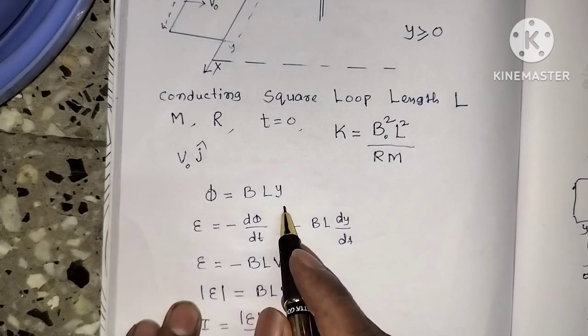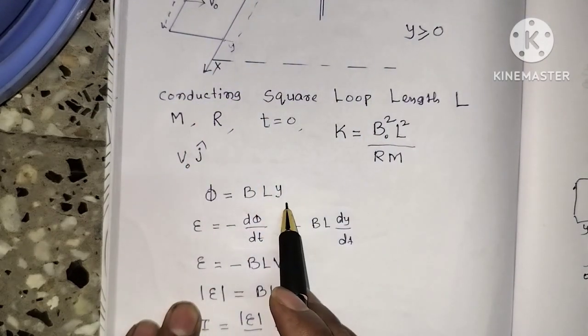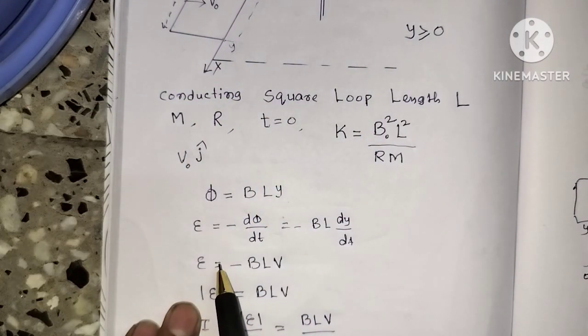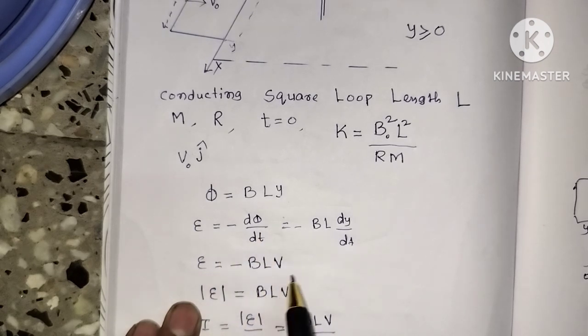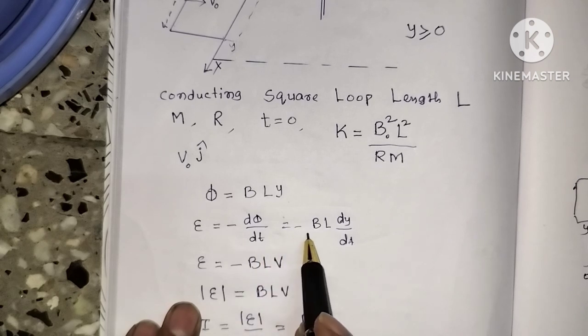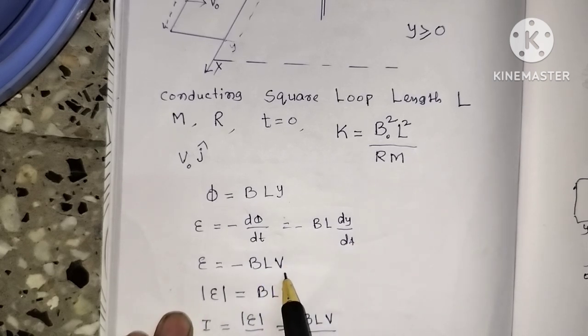It is not constant. Why? Because this loop is moving, so this y is varying and the flux varies. E is equal to minus d phi by dt. This formula we know. Induced EMF is equal to minus d phi by dt, so minus BL dy by dt. dy by dt is the velocity of the loop along the y direction, so I can write v.